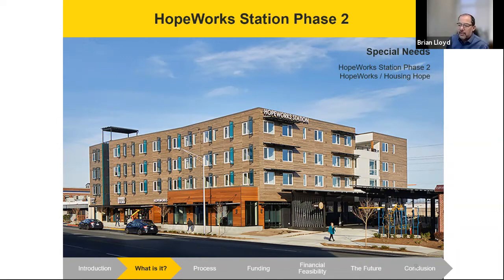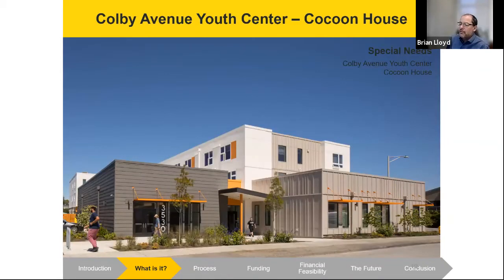It's also a net zero project, meaning that the residential component produces as much energy as it uses over the course of a year. So, super cool project. And then lastly, just to show you the diversity of work that we're doing right now, this is a shelter and multi-purpose service center for homeless youth in Everett that we did with Cocoon House.